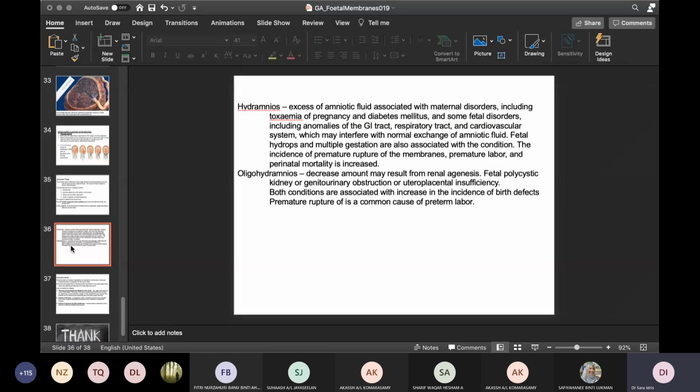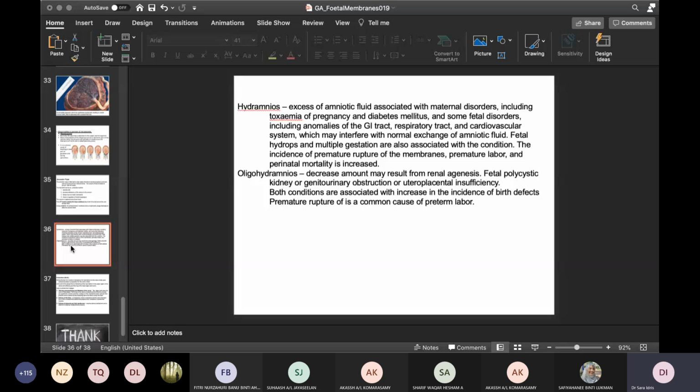Okay, especially if you have some renal problems in the baby, whether renal agenesis, polycystic kidney, or a genitourinary obstruction, all of this can cause oligohydramnios. And sometimes you can also get oligohydramnios, meaning reduction in the amniotic fluid, because of uteroplacental insufficiency.